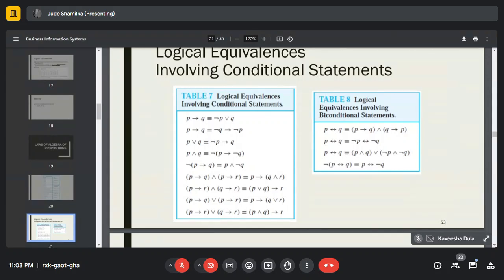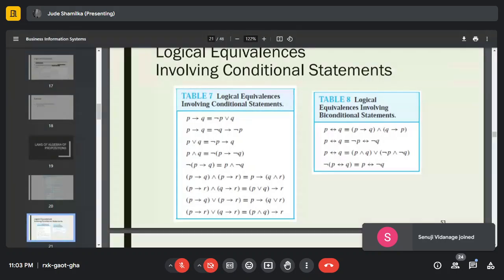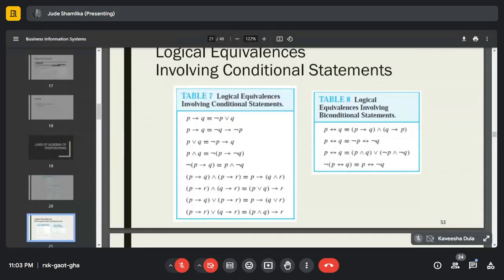P implies Q can be represented in disjunctive form, but you have to change the first item, the antecedent, which is P here. P becomes not P, and the operator changes into or. So P implies Q becomes not P or Q.